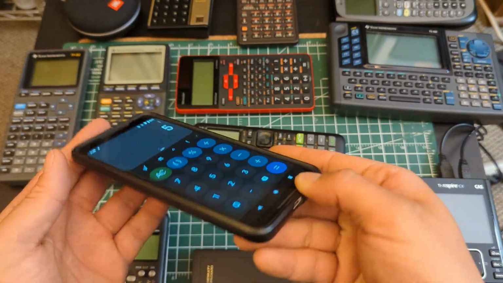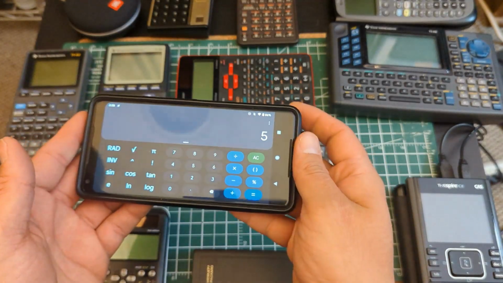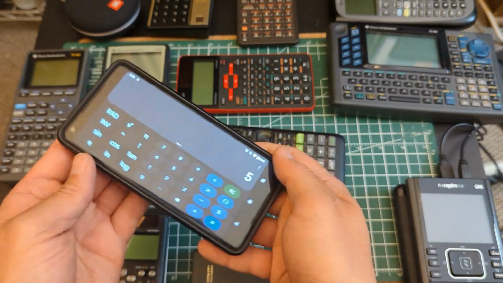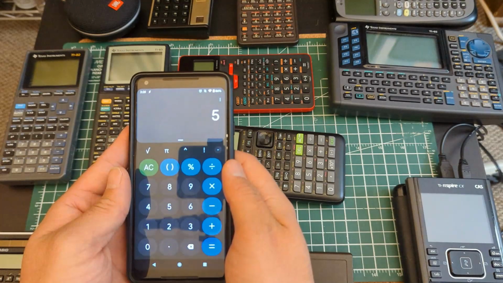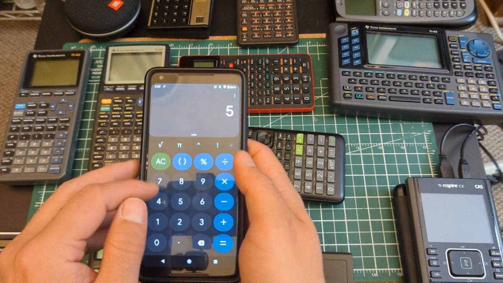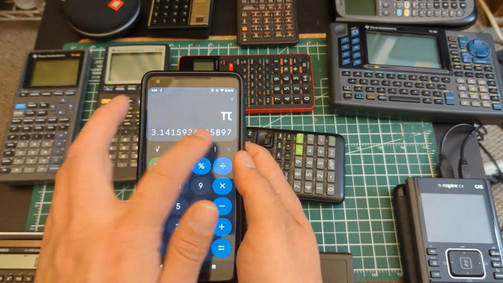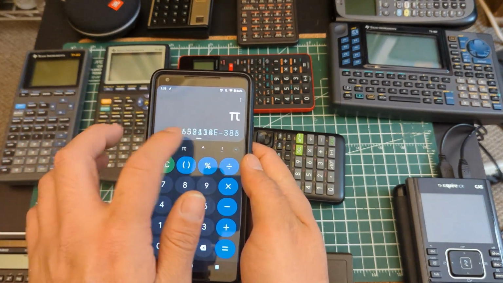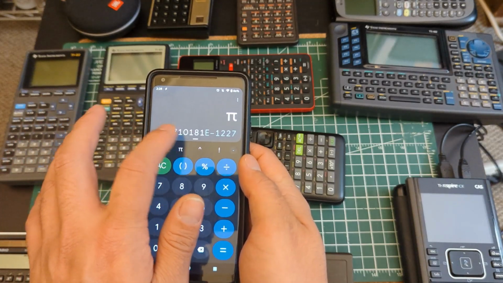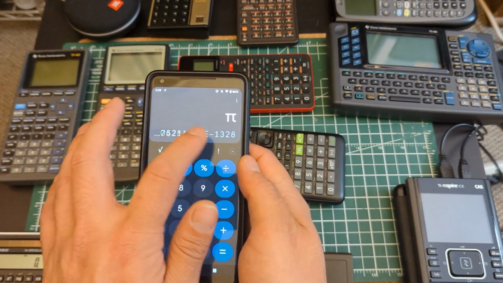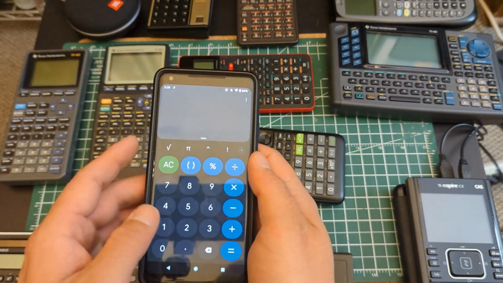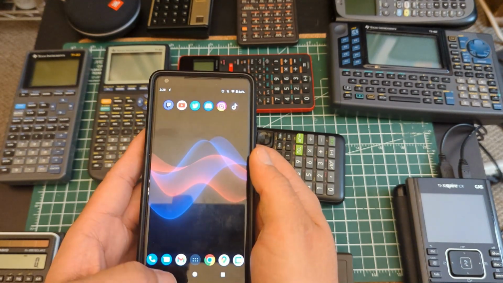I don't know if Android has it, but we can try to tilt and get some sort of other mode. That's not entirely surprising on the Android system because if we bring up pi, it has this variable precision engine which gives you lots and lots of digits to work with. So the Android calculator gives you 5.